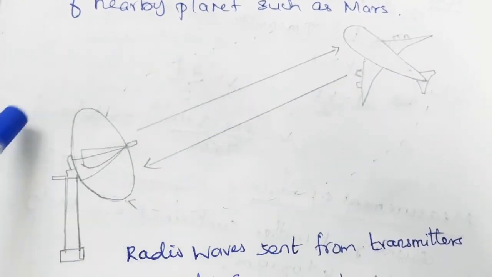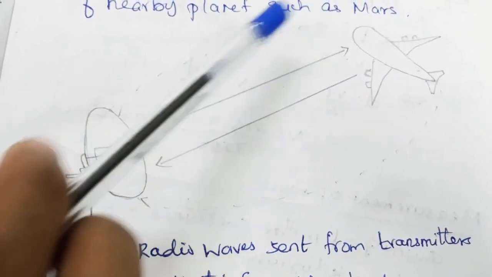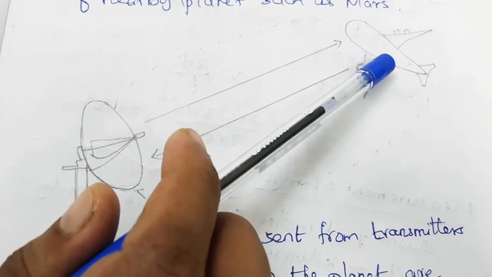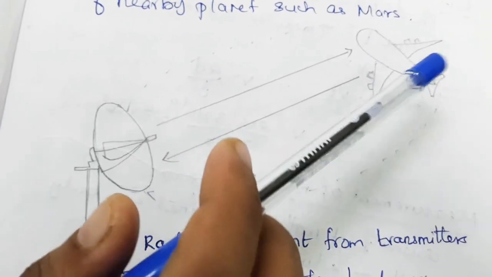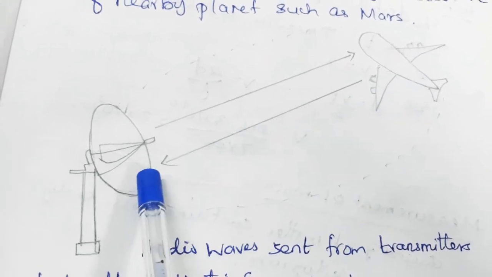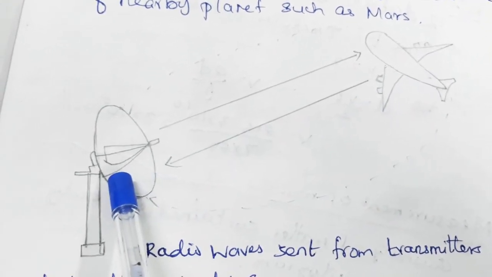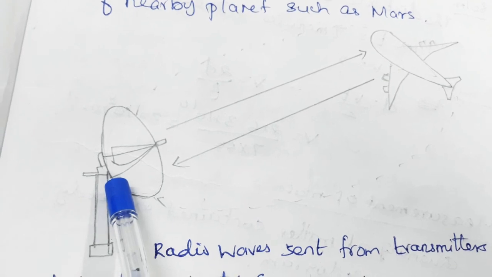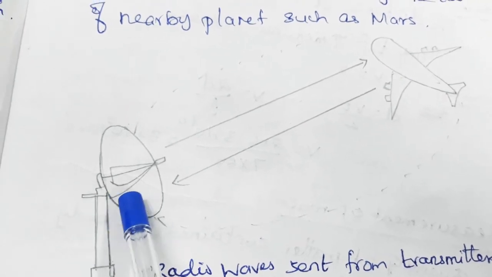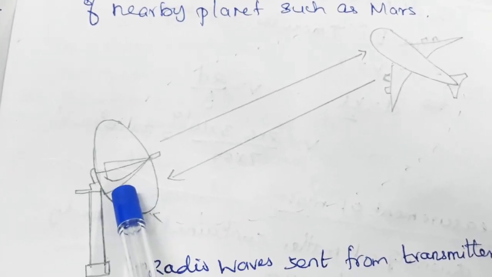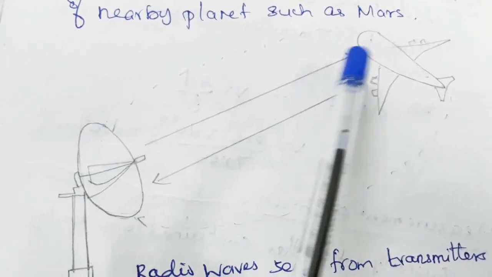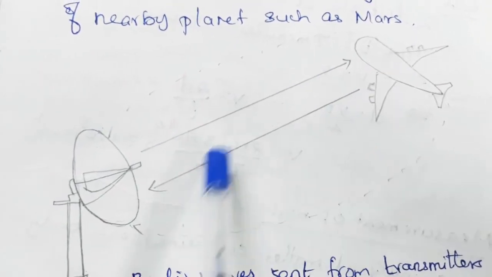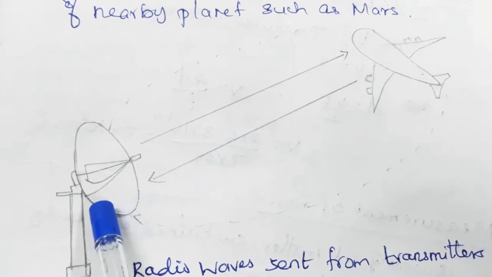From this the radio waves can be sent onto the target. Afterwards it is reflected from the target and it is received by the same transmitter as receiver. So, from the transmitting station, radio waves are sent, it is reflected by the target and it is received.